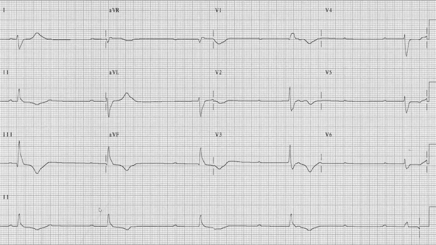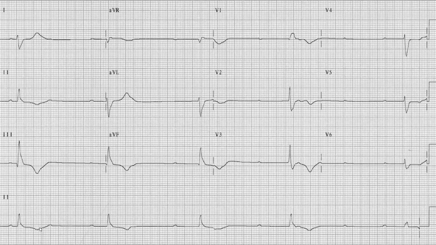So it's not equal. It's called AV dissociation. What else? P wave should be followed by QRS. Here, not all P waves are followed by QRS, so it means dropped. This one dropped, dropped, dropped, dropped.